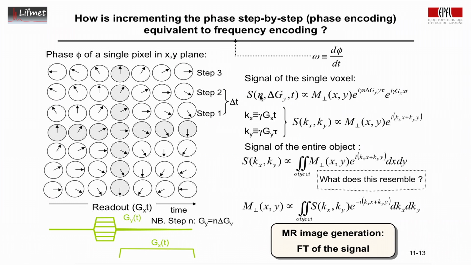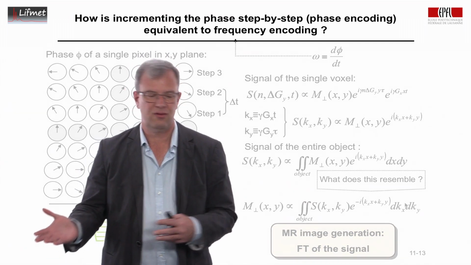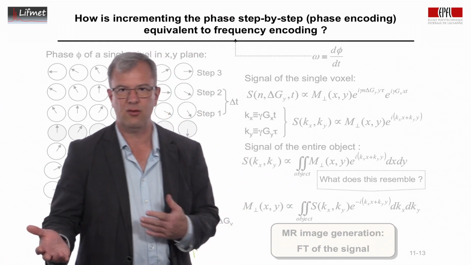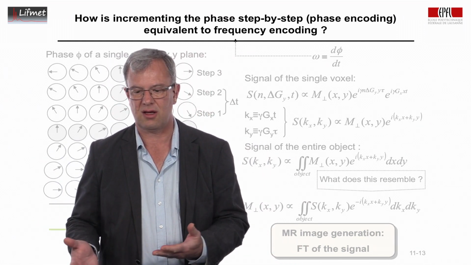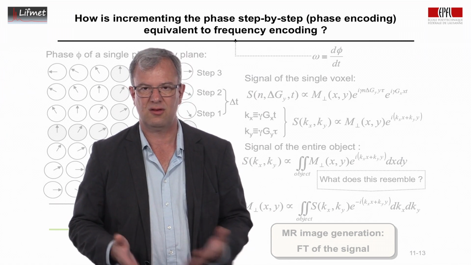Remember, this is the signal we record. This is with the variable transformation. We have a Fourier representation. To get the magnetization from this, we have to do the Fourier transformation of the signal here in k-space. So k-space and real space, that's like Fourier space and real space, like reciprocal space, that's the k-space term.